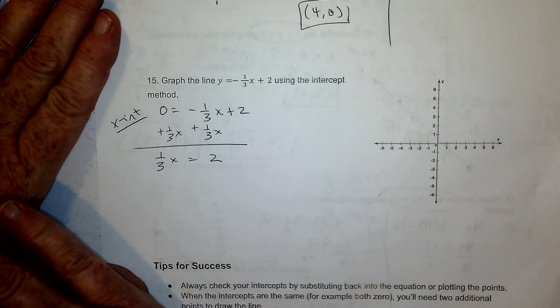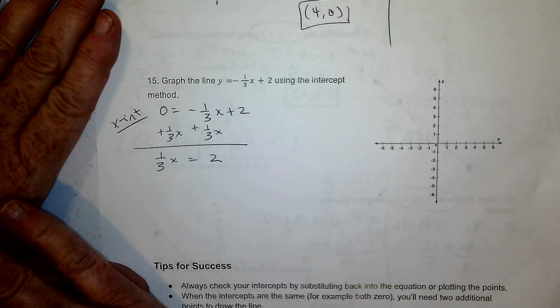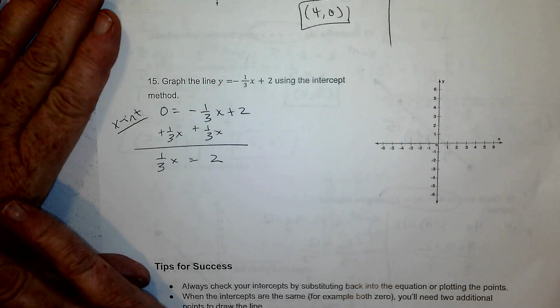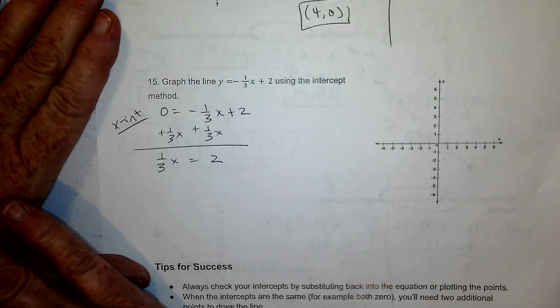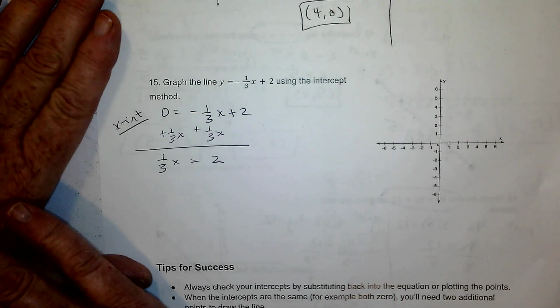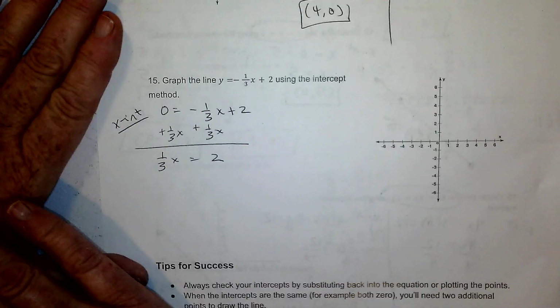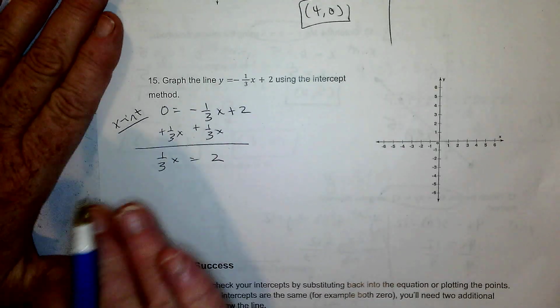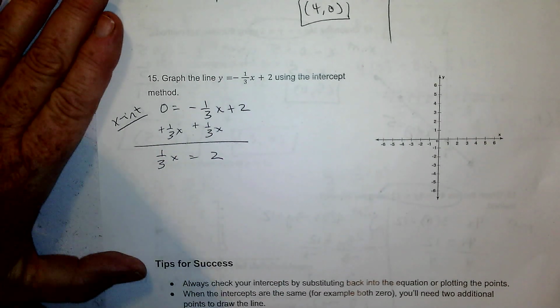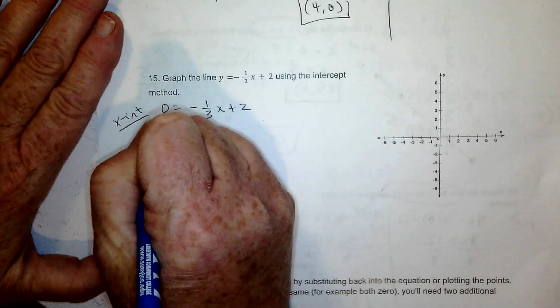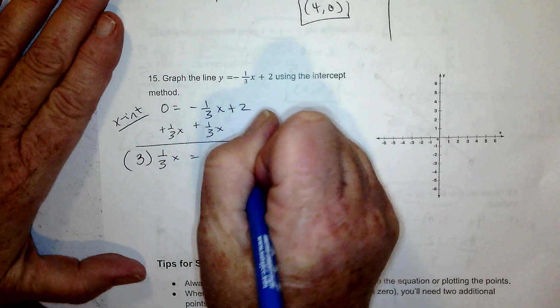There's a couple different ways we can think about this. We can multiply both sides by the reciprocal of 1/3, which is 3/1. Or I'm going to tell you what I tell everyone to do for getting rid of fractions. If you ever have a fraction like this, you can get rid of it just by multiplying both sides by the denominator.